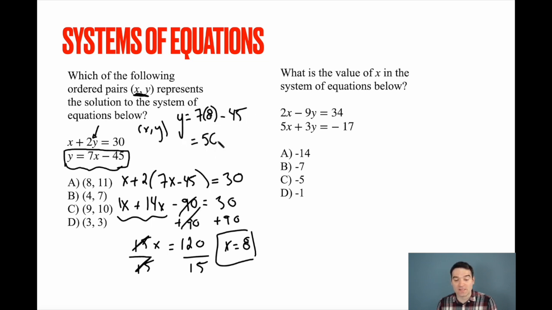That's 56 minus 45, which is 11. So sure enough, x is 8, y is 11. So this idea of ordered pairs is nothing fancy. It's just a fancy way of saying an x point and a y point, or an x value and a y value. That's it. All right, let's take a look at this one. What's the value of x in this system of equations?